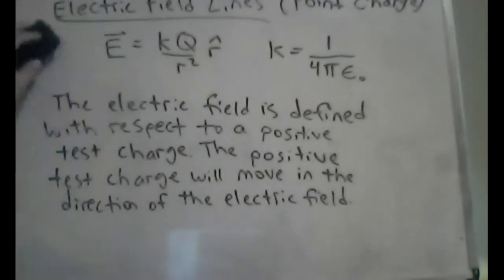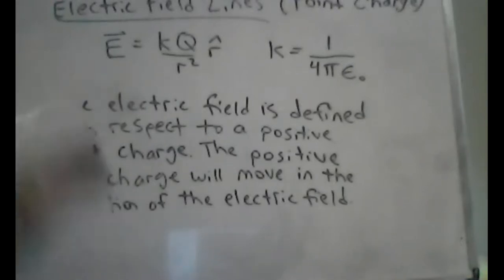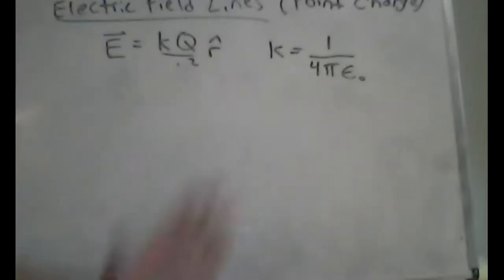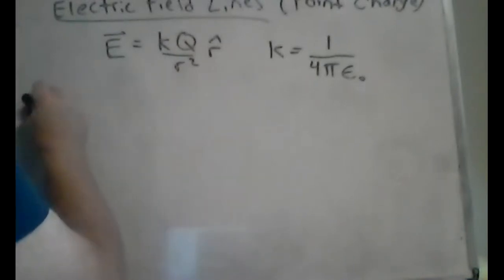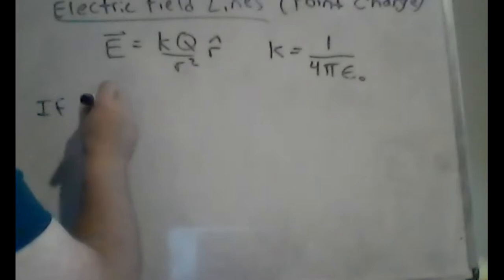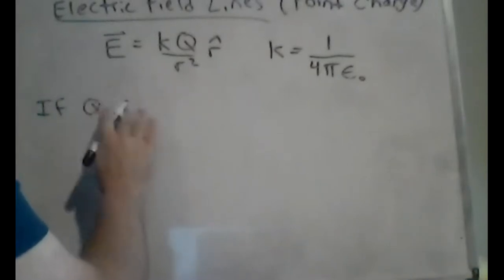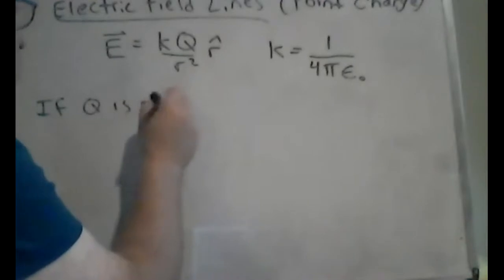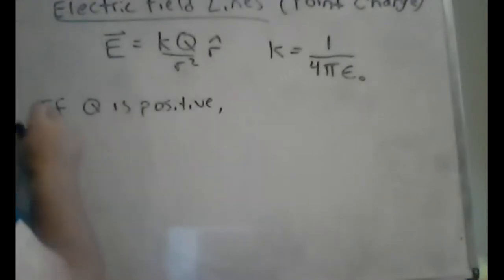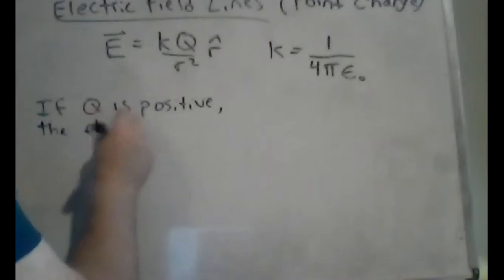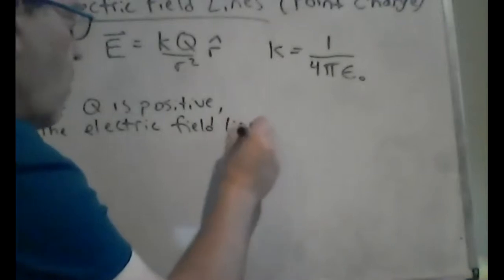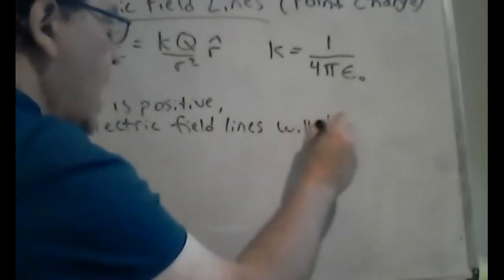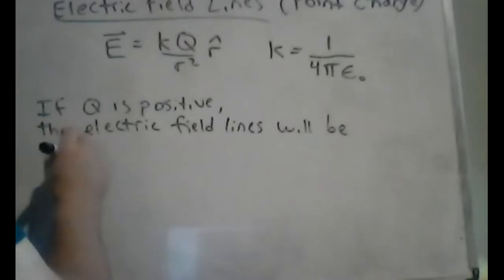So if the source charge is positive, the electric field lines will be radially outward. That's their direction.